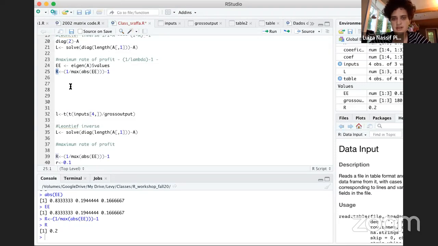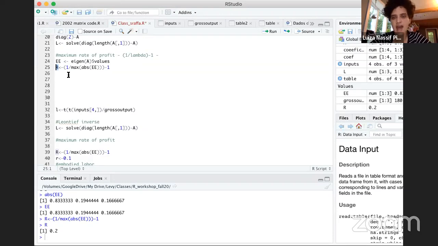So if you want the system, year after year, to be exactly the same size with the inputs going in, what you need is that at least the gross output is the same as the inputs part of your table.